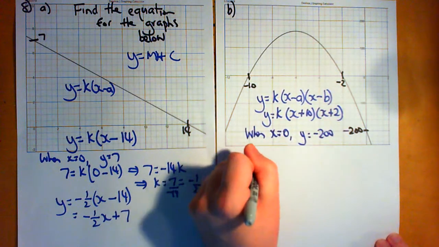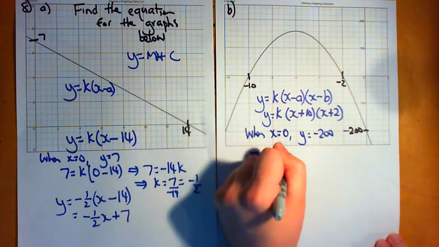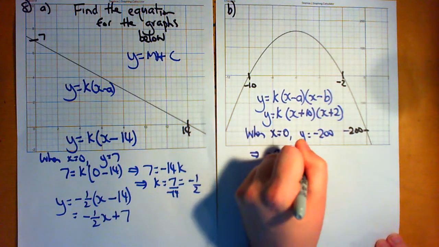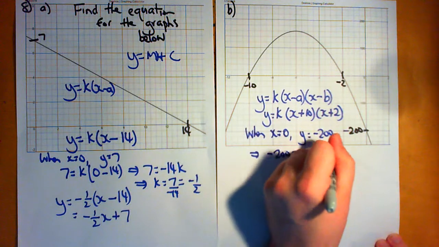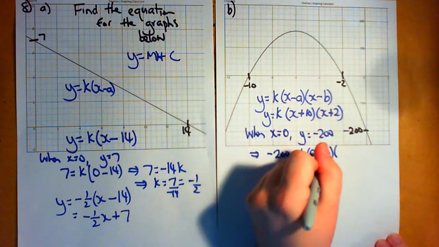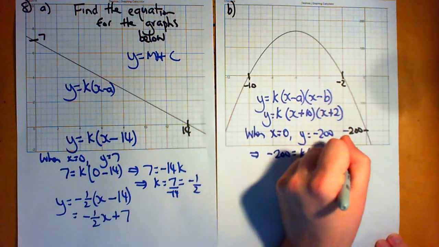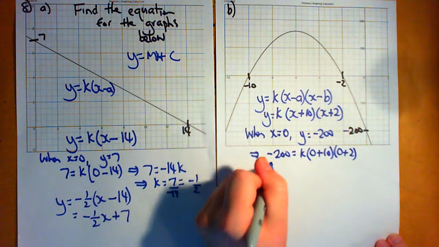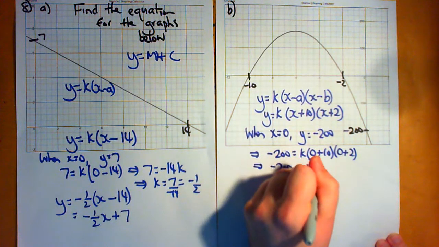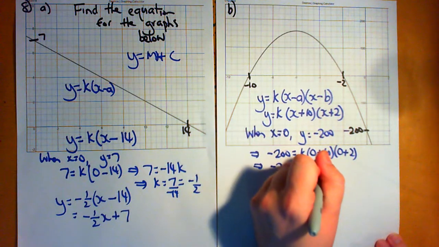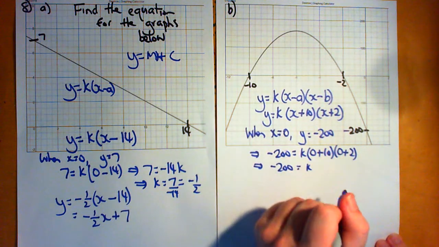So that tells us that negative 200 equals k times 0 plus 10 multiplied by 0 plus 2.